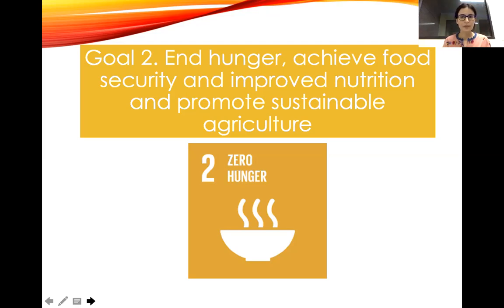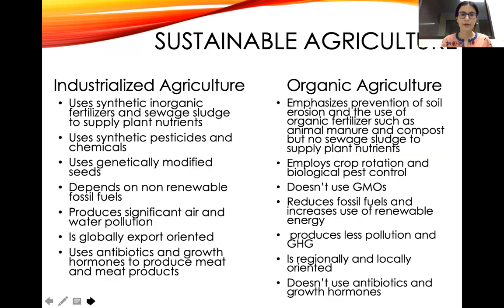Now, I'm not sure how many of you are aware of the concept of sustainable agriculture, but industrialized agriculture, the agriculture that we do very intensively, whether it's farming of animals or plants, where we put in a lot of fertilizers and use a lot of pesticides to make sure that the environment is ideal for growth of a certain plant, and for that process we even use biotechnology, seed variations that could increase the yield.